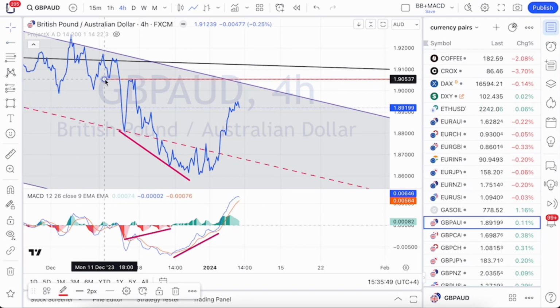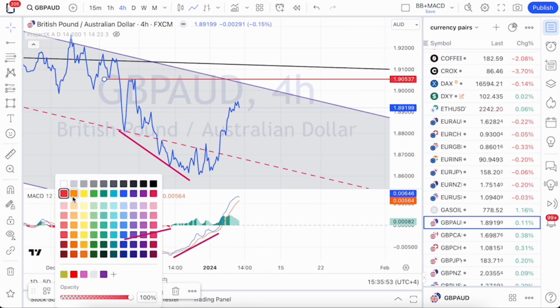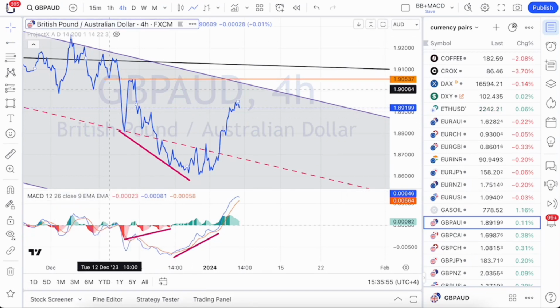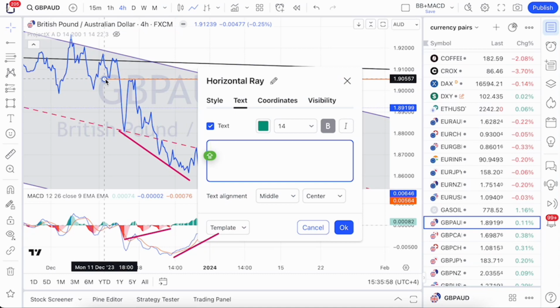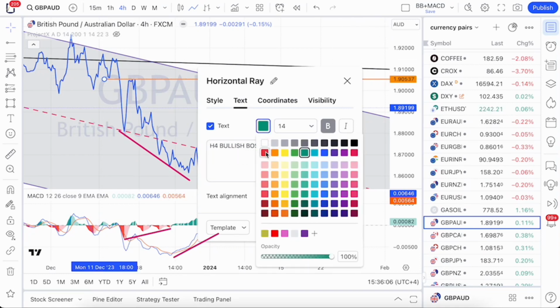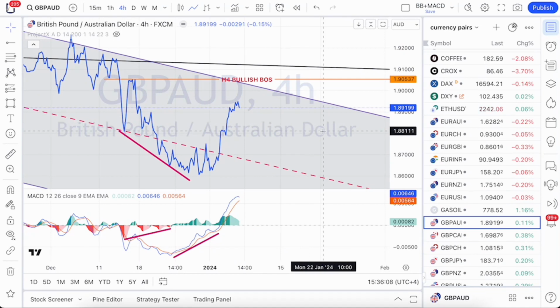This is the 4-hourly bullish BOS level, which is not yet achieved. H4 bullish BOS not yet done. So let's mark it in red.